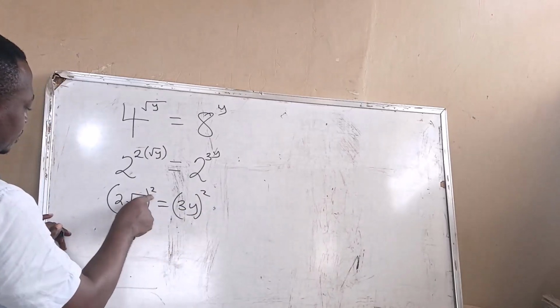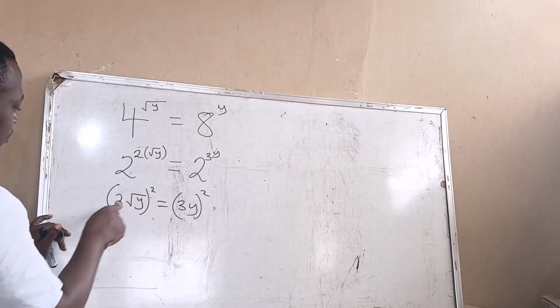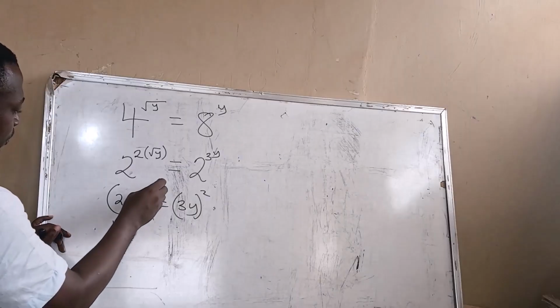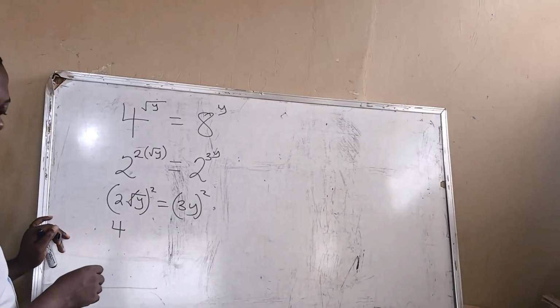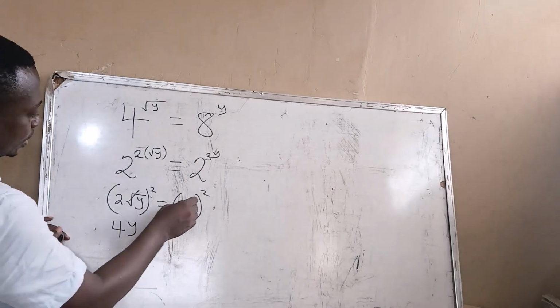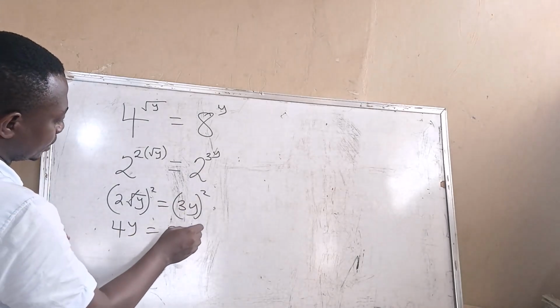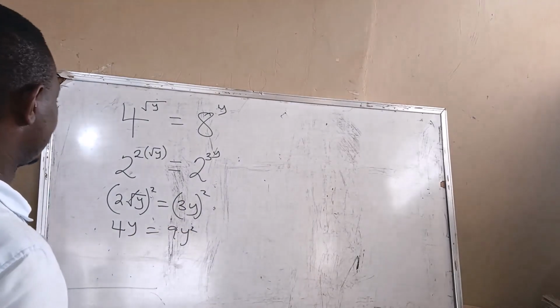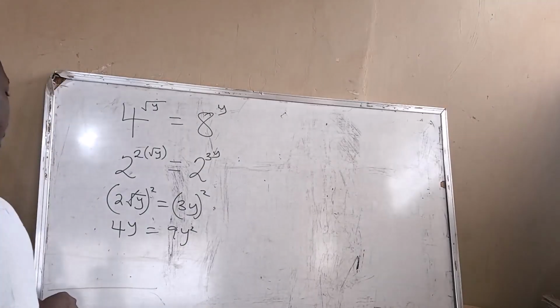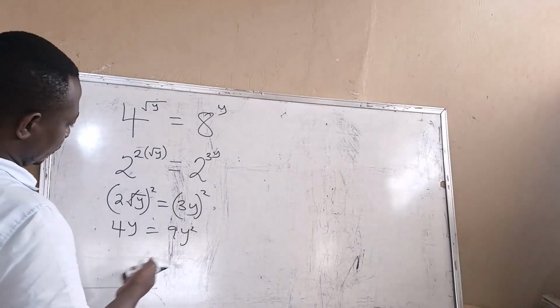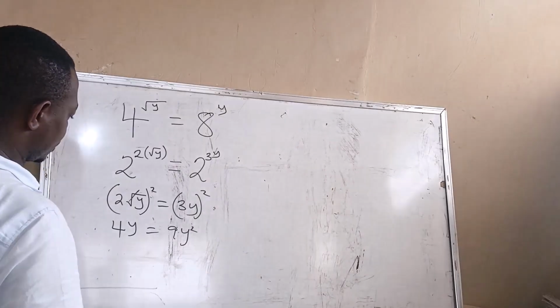So this side will be this one squared and this one squared. So 2 squared is 4. And this one squared will remove the root sign. That will be y. And this side will be 9y squared. Okay. Now let's see if we can arrange this one. Okay.